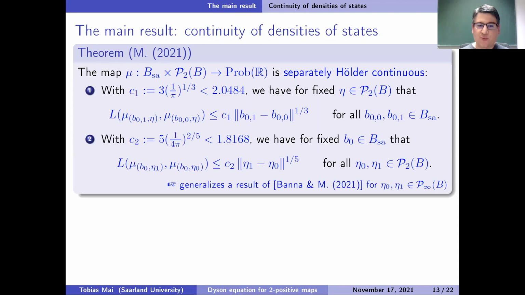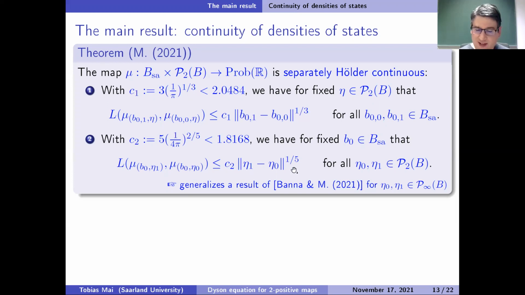And this is the main result that we obtain in this kind of continuity statement that I announced. It says that if we consider this density of states map, then we observe that it is separately Hölder continuous in the sense that if I fix my completely positive map and vary the self-adjoint part, then the Lévy distance can be bounded by some universal constant times the difference between the self-adjoint parts to the power 1/3.